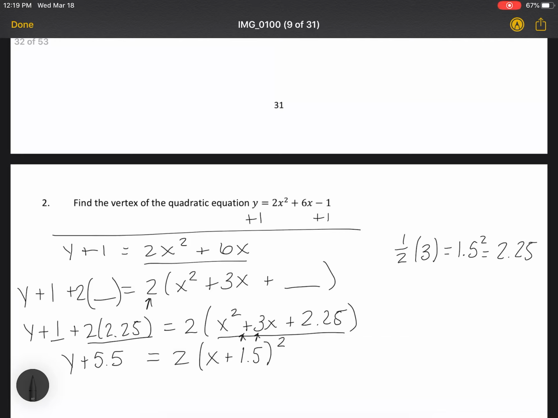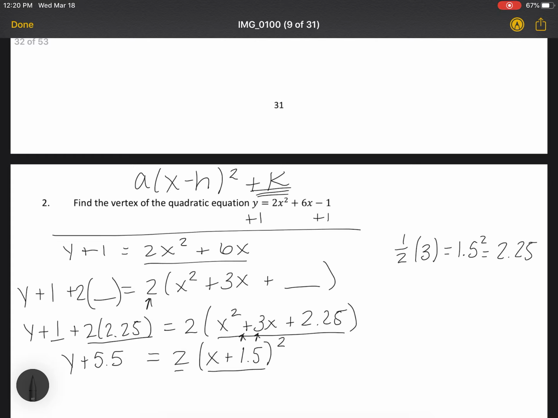And then finally, if I want to get it into that vertex form, remember it looks like this. My right-hand side has my a times the x minus h squared. What I'm missing is this plus k.